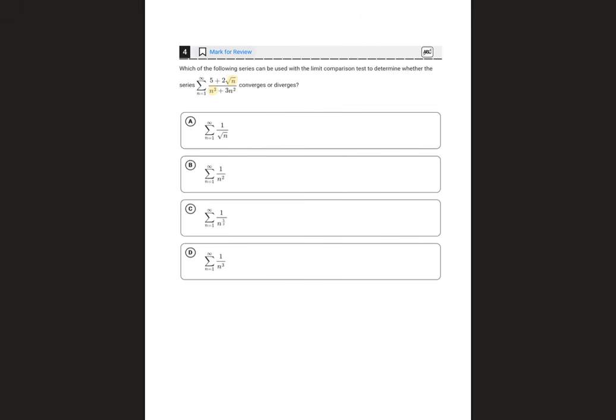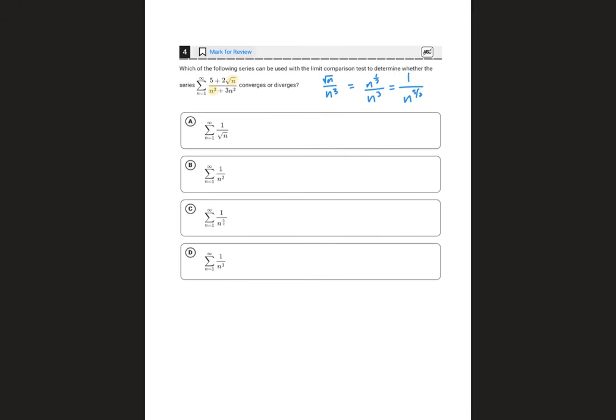So we're just looking at root n over n cubed. This is the same thing as n to the 1/2 over n to the 3rd. Then you subtract exponents: 1/2 minus 3 is negative 5/2. But that's just 1 over n to the 5/2. So that's the function that we're going to use to compare with the limit comparison test.